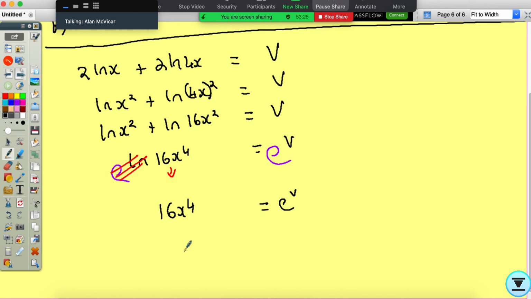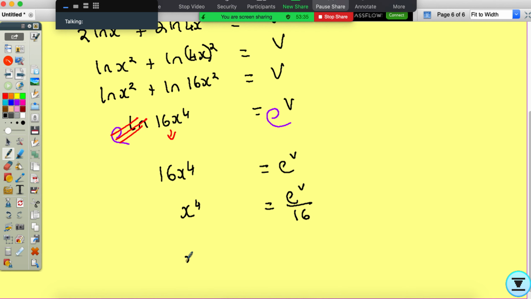So, same thing as before. I need to this time divide by 16. And rather than finding the square root or the cube root, this time, taking the power of 4 across, it's the 4th root of e to the power of v over 16.